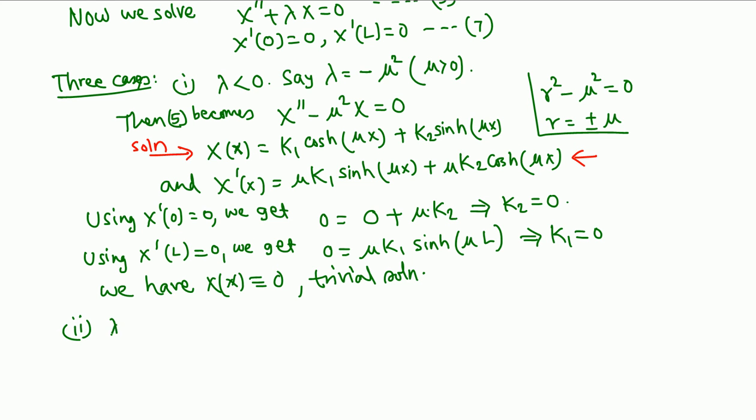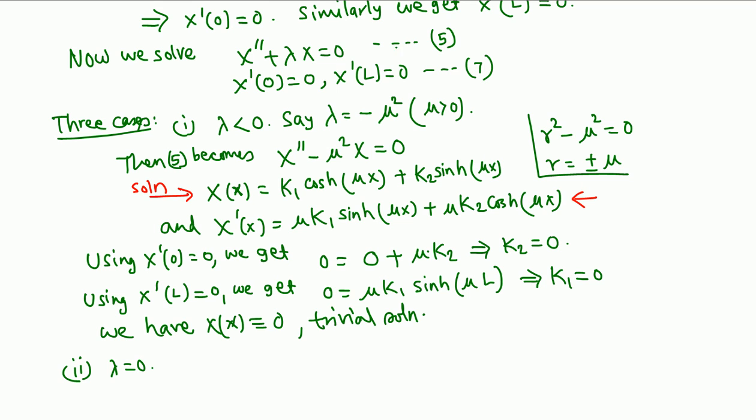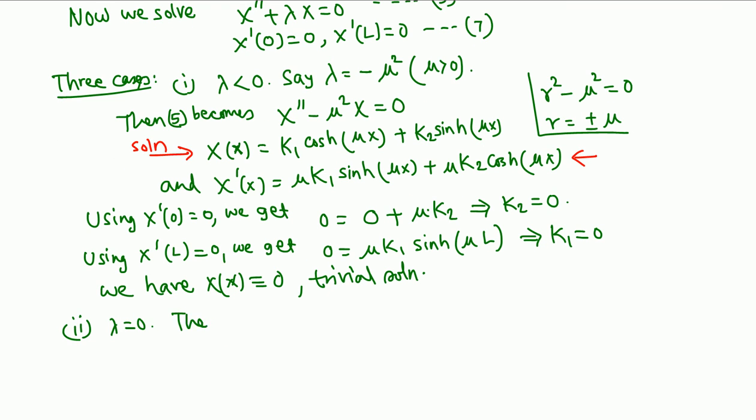let's take lambda 0. When we take lambda 0, then equation 5 becomes X double prime equals 0, and we want to solve this with respect to these boundary conditions. Now integrate, we get X prime equals some constant, let's say again k or a.